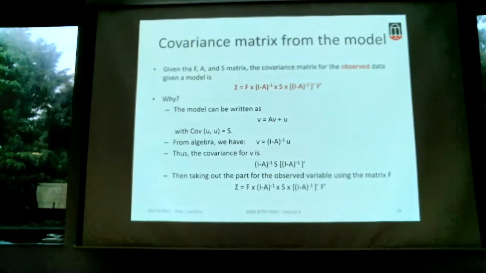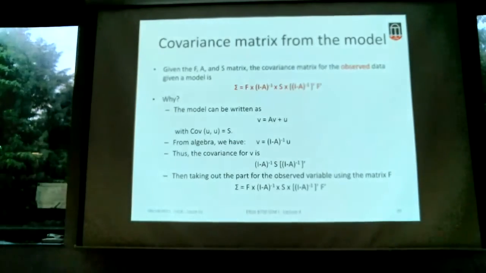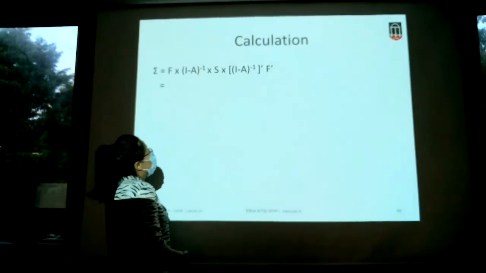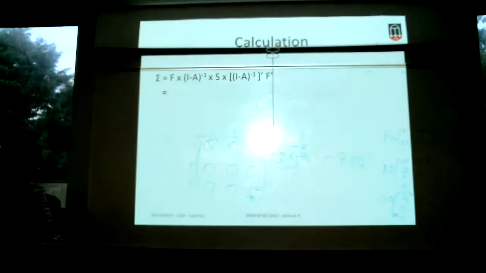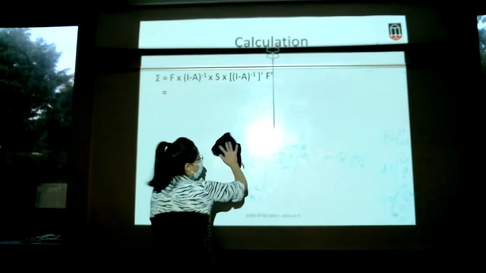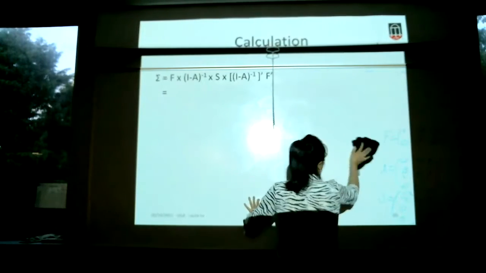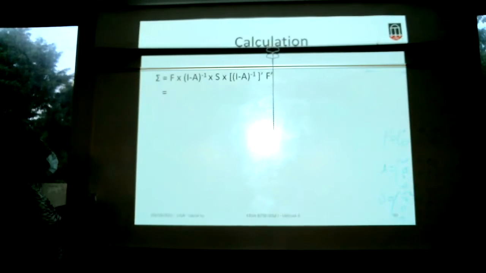Next, we're going to do the exercise. I'll repeat this formula again. We have all of these matrices ready, and we just do the matrix algebra calculation. We start from F. What is F?